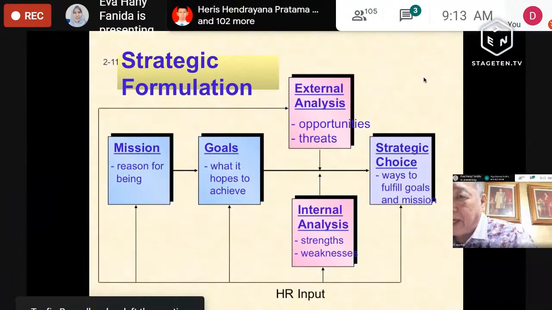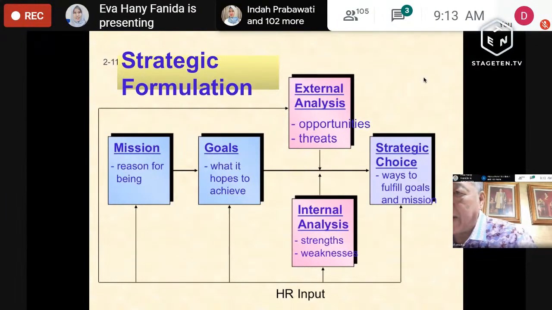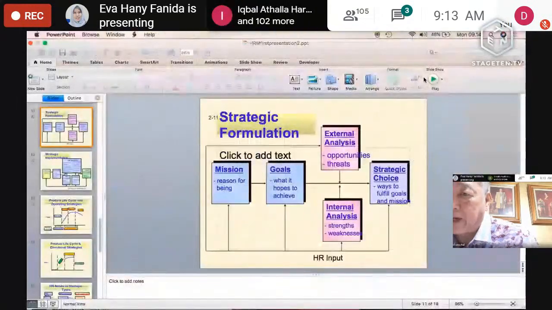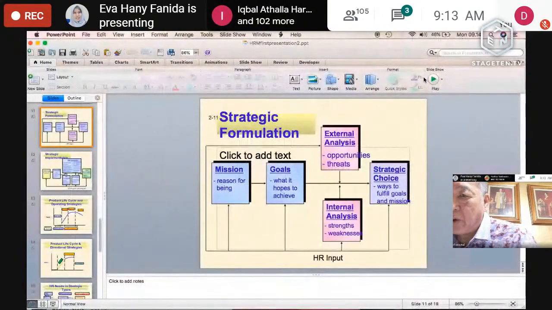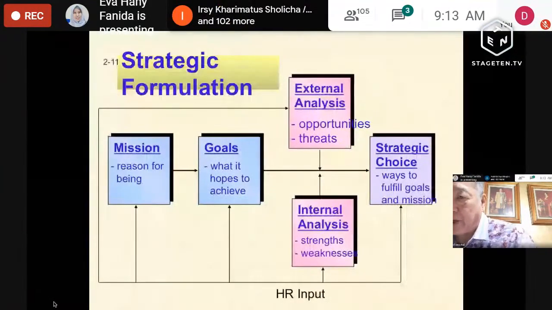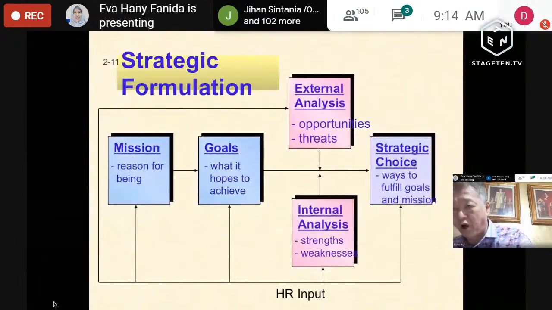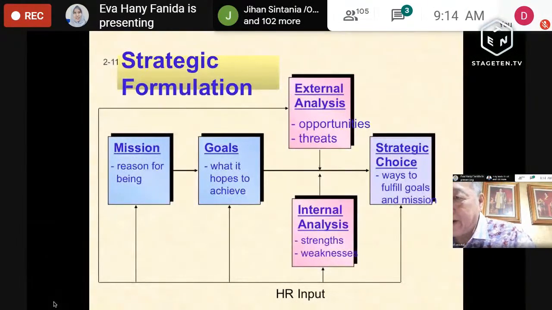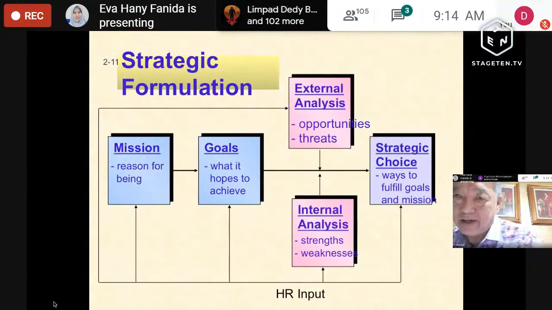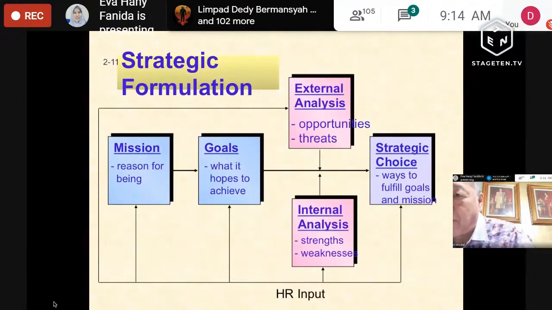But after we consider our objectives and goals, and analyze the external and internal environments, then we have to choose the strategic choice. So this is the last element we call strategic choice, the ways to fulfill goals and mission. Okay. So you have to memorize these elements.